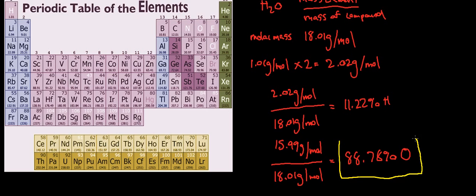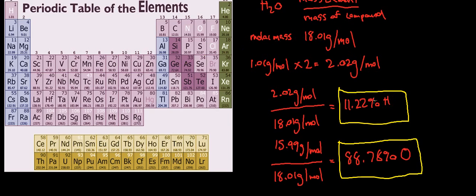So even though there is only 1 oxygen atom and 2 hydrogen atoms, because each hydrogen atom only has a mass of 1.01, it has significantly less total mass in this compound. It has so much less mass than oxygen.